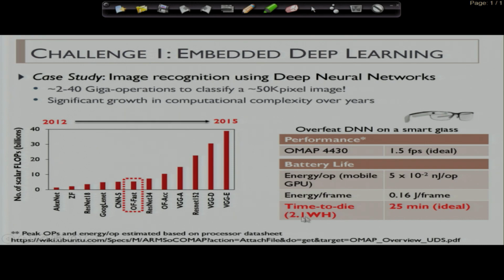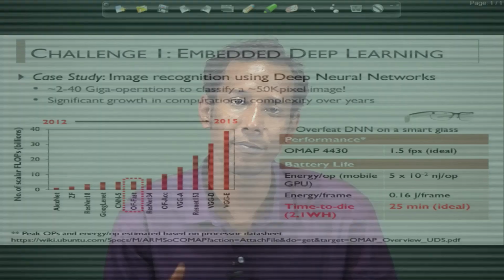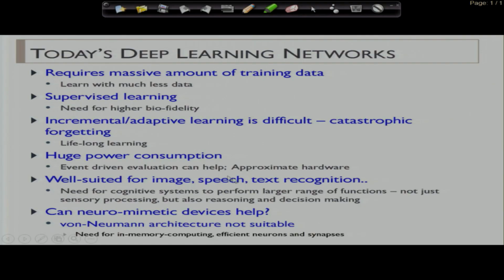That is why you need energy efficient hardware to be developed, so that the power requirement is reduced and you can do high performance processing in a lower power mode. This is today's deep learning network.